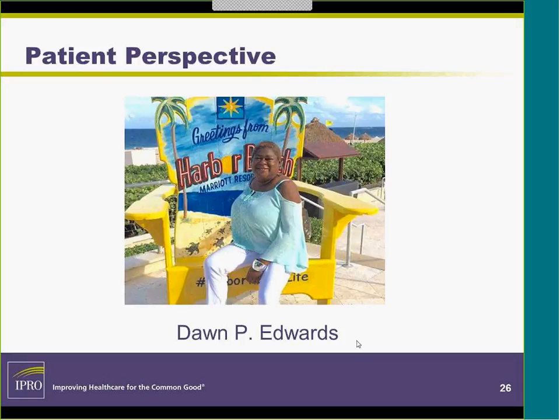And just to give kudos to Kathy, education is so important, not just among the staff members, but the patients. The patients have to feel like they're a part of the care team to the best of their ability. They need to be involved.